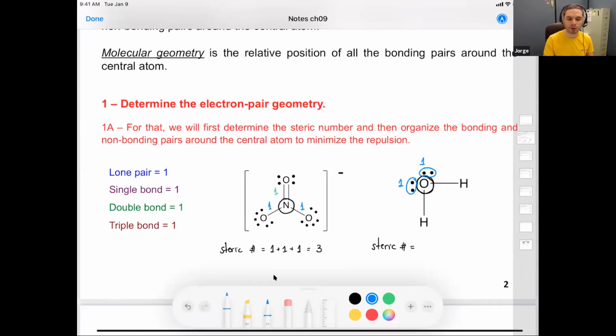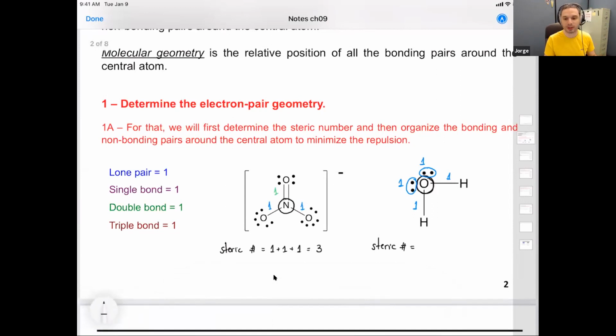We also have two single bonds, and each single bond contributes one unit to the steric number. Therefore, the total steric number for the oxygen is going to be 1 plus 1 plus 1 plus 1, which is 4.